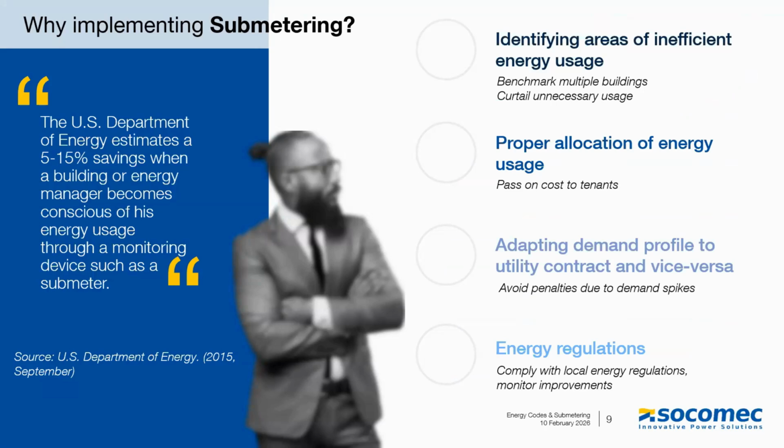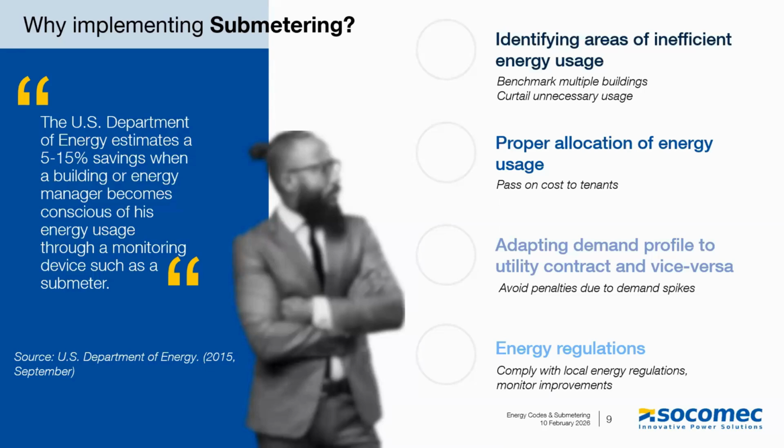They estimate that there's a 5 to 15% saving associated with implementing energy metering, just from the building owner, the energy manager becoming conscious about their energy usage, and because of the data collected by submetering, so just highlighting how the energy is being used. They estimate that this is providing a 5 to 15% saving on the energy consumption of the building.